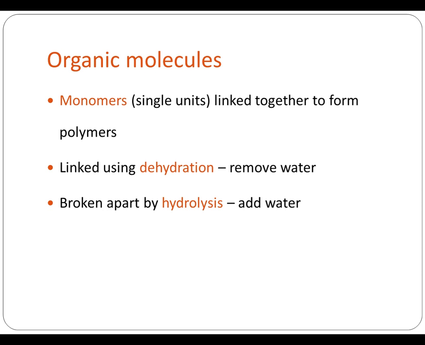So hopefully you saw that monomer-polymer relationship when you're doing your handout. Okay? In order to use monomers to create polymers, we can use two primary reactions, including dehydration and hydrolysis reactions.